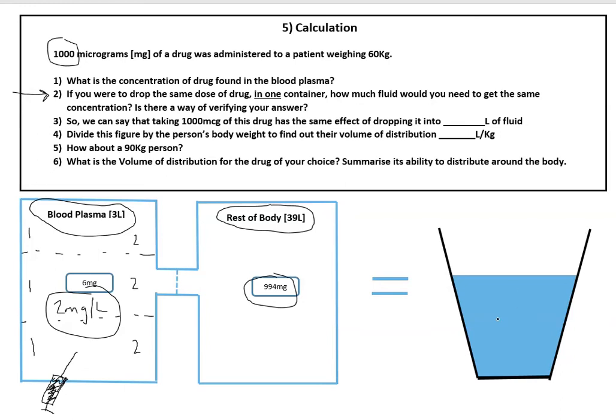with fluid in. The question is, if you were to drop the same amount of drug, so 1,000 milligrams of drug, into an amount of water, how much water would you need to get 2 milligrams per litre?